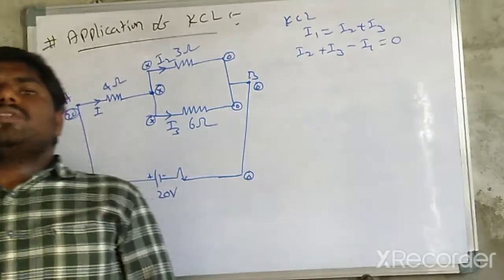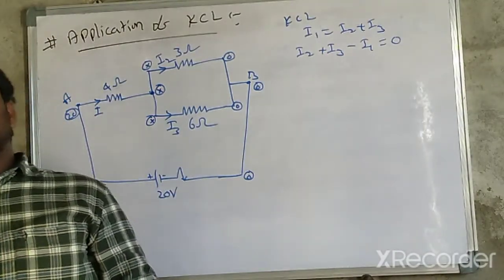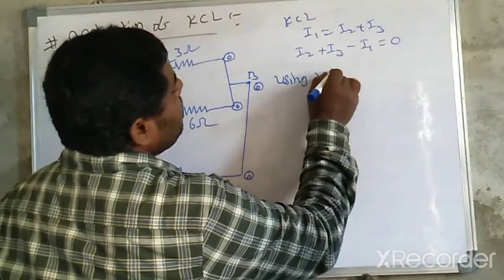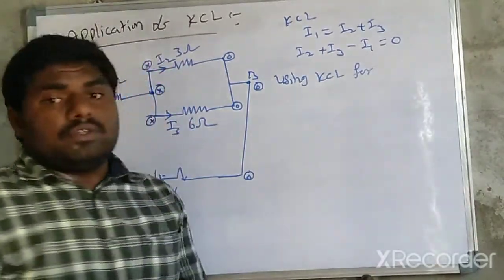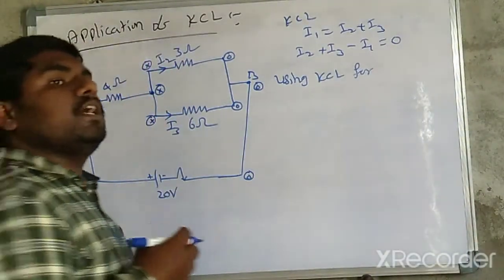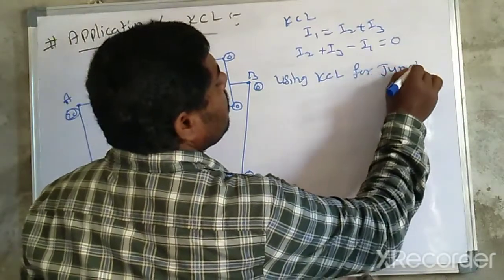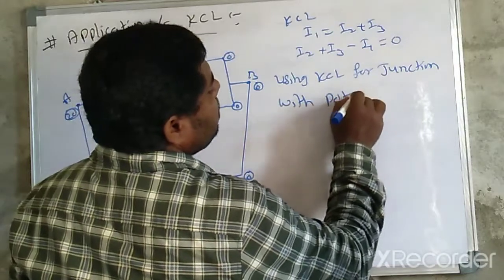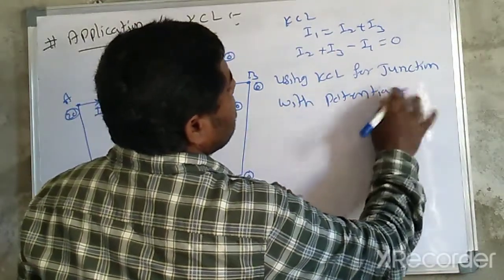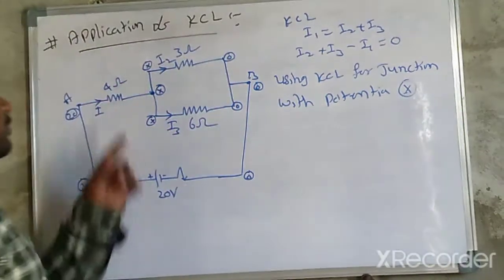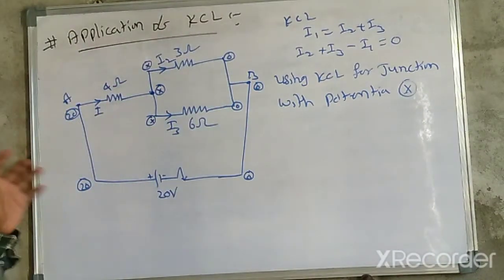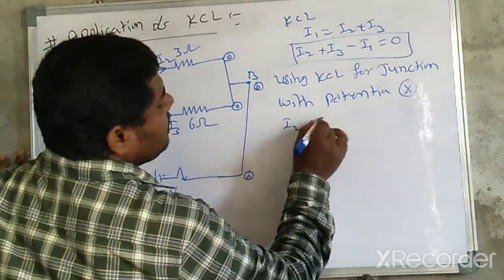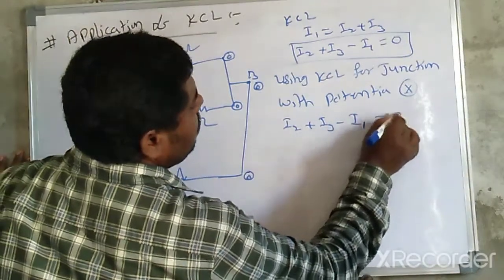So now using KCL for the junction with potential X. So this is the potential. From this, this is the KCL equation: I2 plus I3 minus I1 is equal to 0.